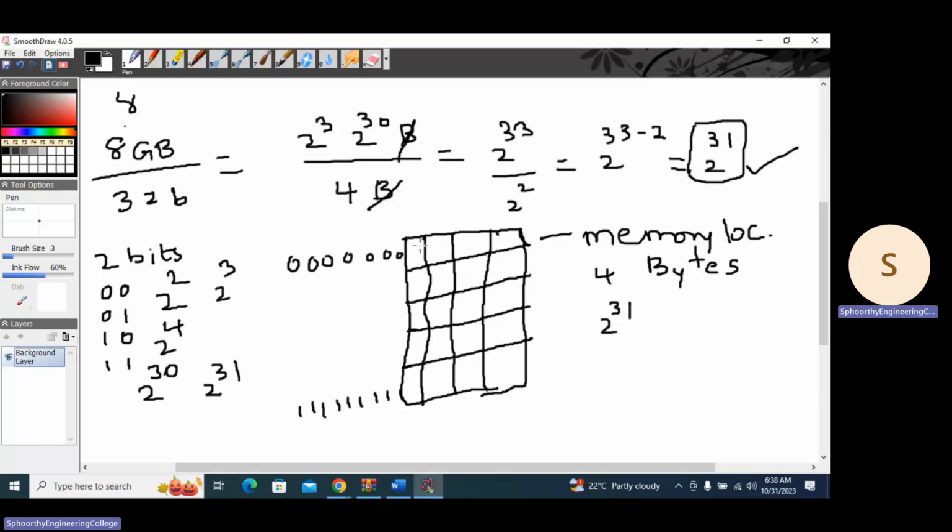Then you will help him, right? You will say the third house is mine, the fourth house is mine, something like that. You have to guide him, otherwise he will come to your road number 2, but exactly he can't identify which is your house. Similarly, with the 31 bits I can reach a particular memory location, but in that, which byte do you want?